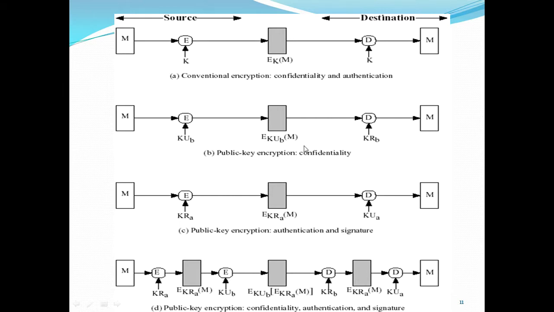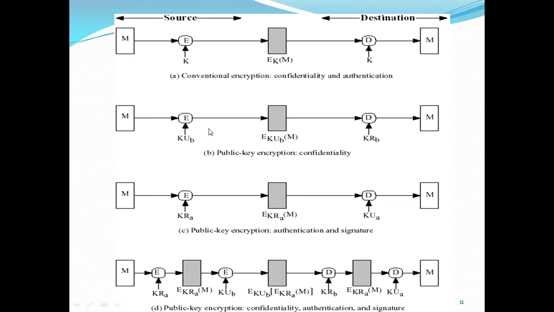What is the difference here? In normal confidentiality, you want to achieve confidentiality of the message to avoid traffic flow and traffic analysis, that is, release of message content to passive attacks. To counter this, we go for confidentiality.